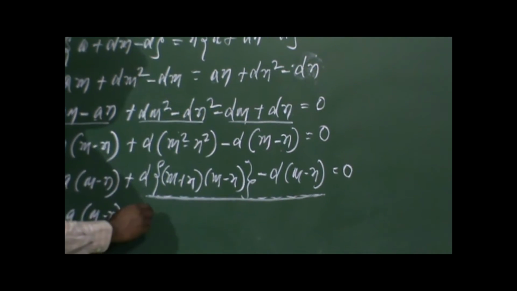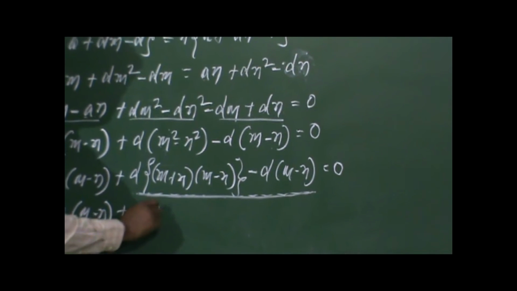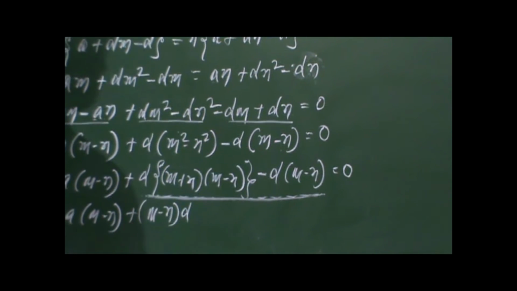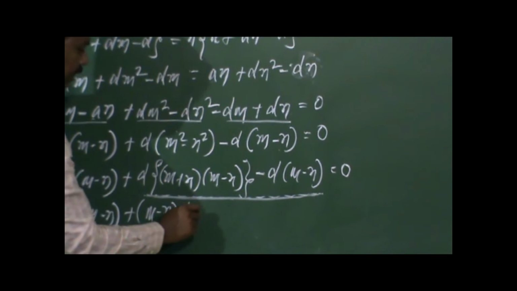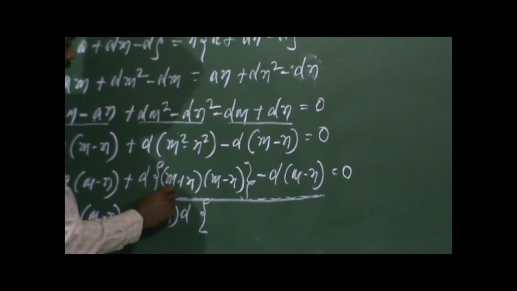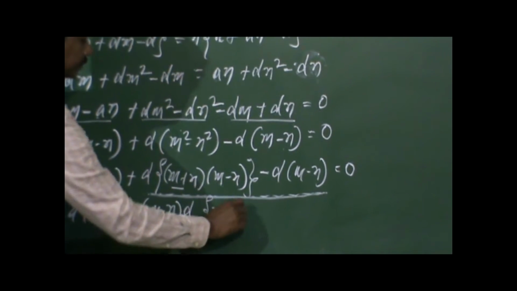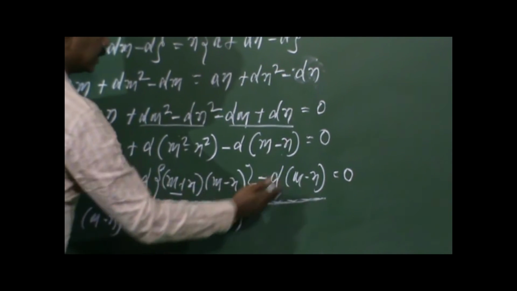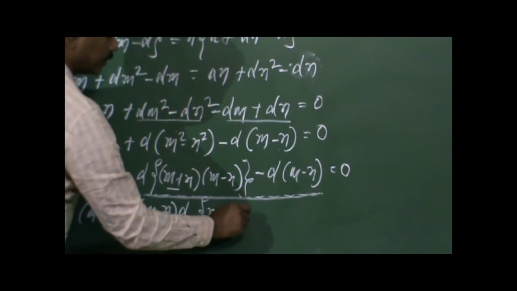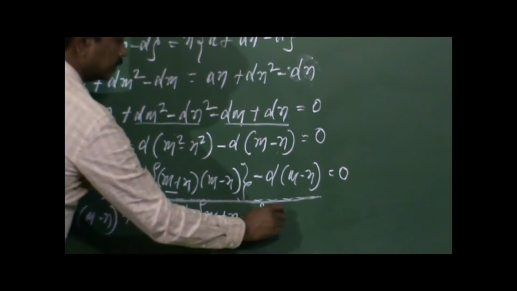So therefore, you can take M minus N and D as common. So what remains now is, one is M plus N is left out in the first term, and in the second term nothing is left out. So therefore we have to take minus 1 is equal to 0.